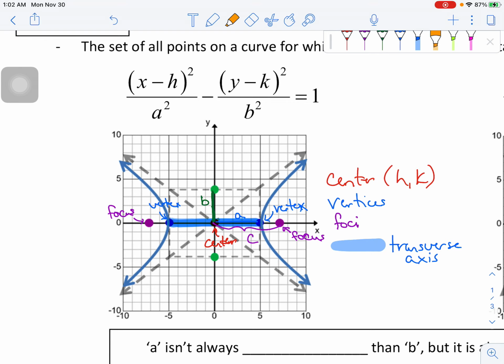And then if I go perpendicular to that, this b value here, if I connect across that with the highlighter, that is called the conjugate axis. The transverse axis and the conjugate axis create this rectangular box that we are going to use to create the asymptotes that will help us graph these. So that's the breakdown of all the information there.